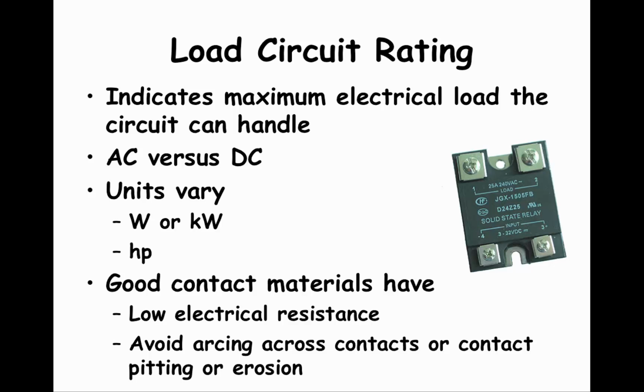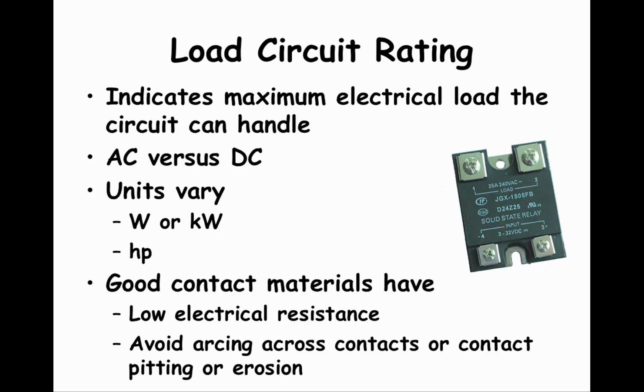The final characteristic we talk about is the load circuit rating. This tells you the type and maximum electrical load that the relay can handle. Some relays can only control alternating current devices, and some can only control direct current powered devices. The load side will usually give the maximum kilovolts or horsepower that can be controlled by the relay.